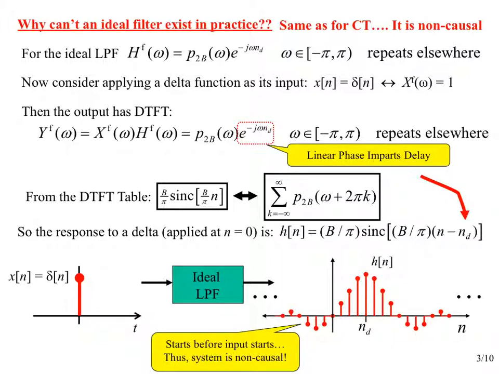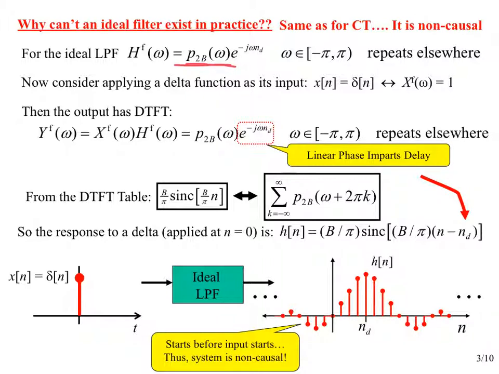Let's look at this ideal low-pass filter that we saw on the previous page. We can use this rectangular function, little p sub 2B.